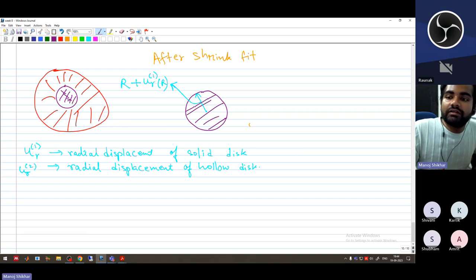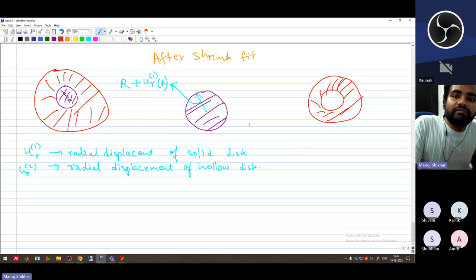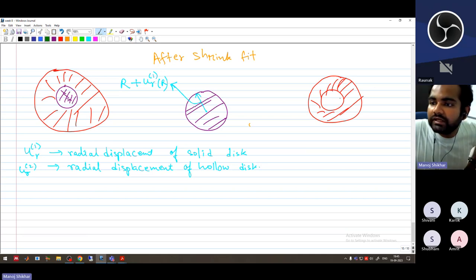This one is really important. Now, if we want to find the inner radius of the hollow disk now, just think about it. What should it be? The inner radius R1 will not remain R1 now because we have shrink fitted.